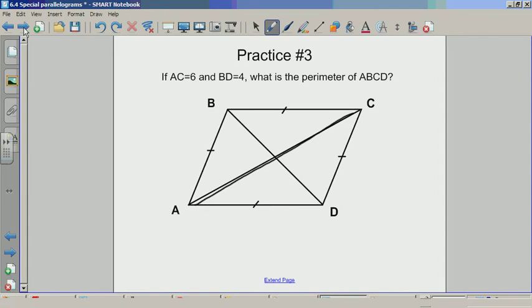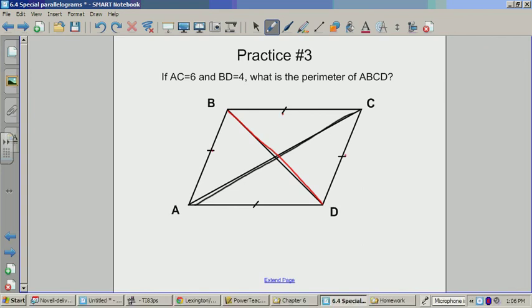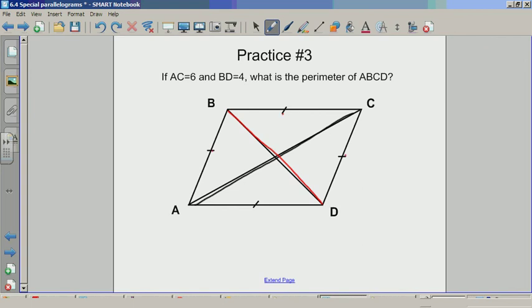BD is 4, so the smaller diagonal is 4. Because this is a rhombus, I know it's a rhombus because I have all the tick marks. Because it's a rhombus, all 4 sides are congruent, and that means that the diagonals must be perpendicular. I have a right angle.